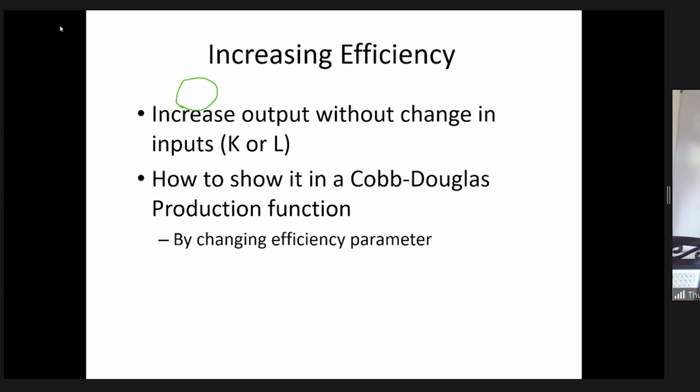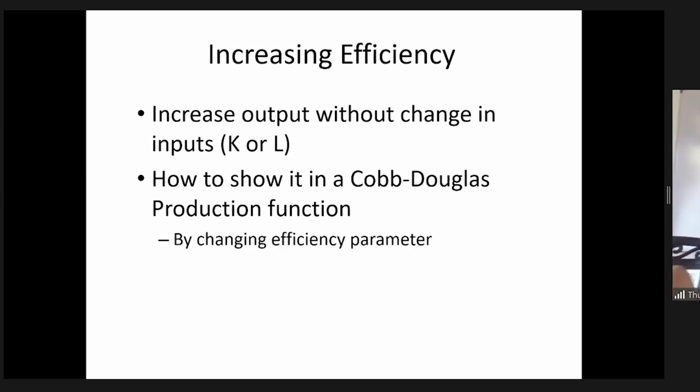Efficiency, as I explained previously, means how we can increase our output level without changing the level of inputs. We are having the same level of inputs.